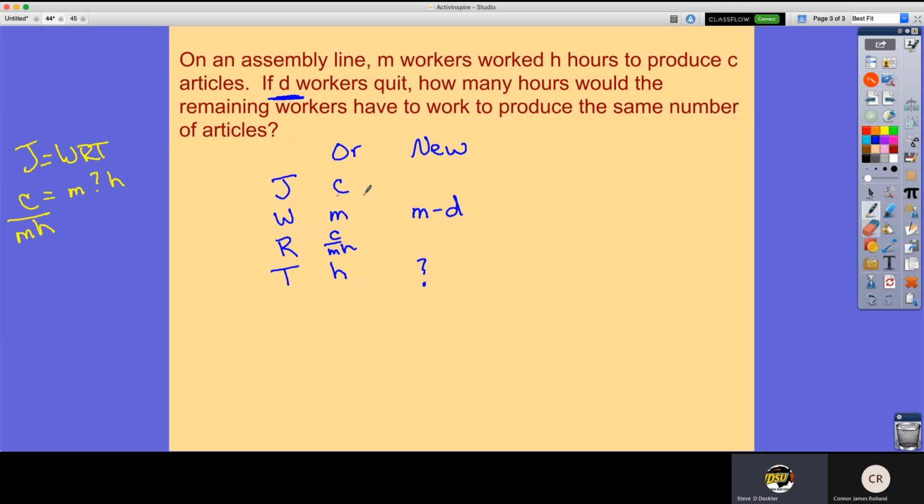So our jobs don't change, does it? What are we going to put in for a rate, though? Did they say anything about rate? If they don't say anything about the rate, we're going to assume that it stays the same. All right, so then there's our equation.